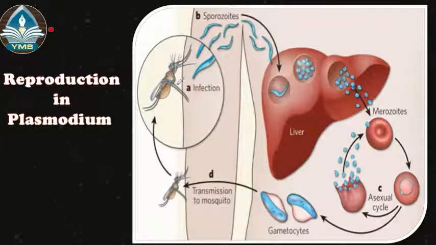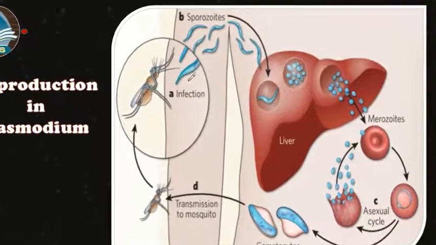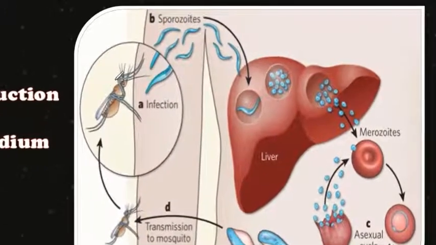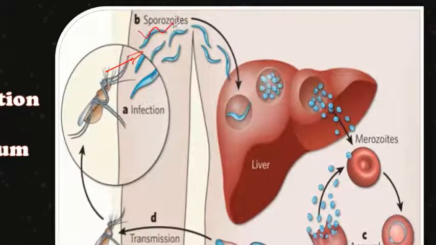This mosquito, which now has the sporozoites, will go to a healthy person who is not sick. Now this mosquito will inject the person with sporozoites from its salivary gland. Now these sporozoites will travel to the liver with the blood, because the blood circulates around the body and goes to the liver.